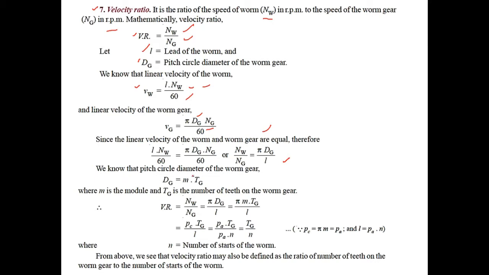We know that the pitch circle diameter of the worm gear will be equal to m into Tg, where m is the module and Tg is the number of teeth on the worm gear.